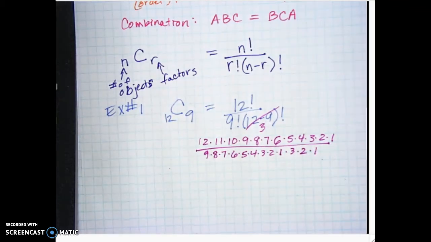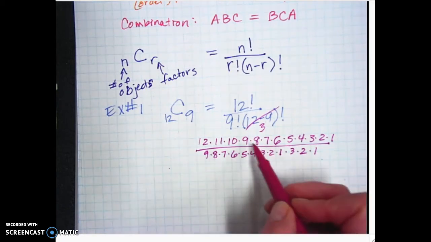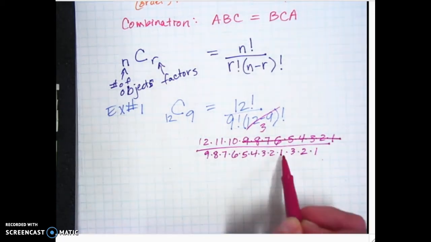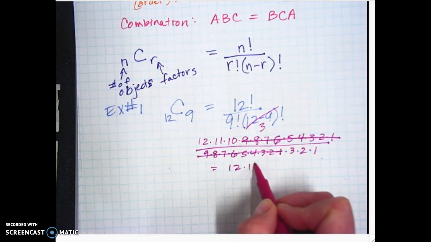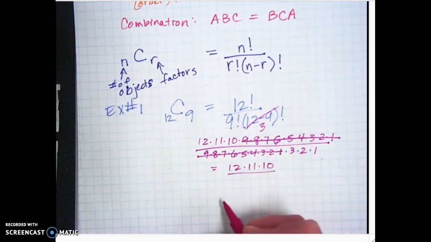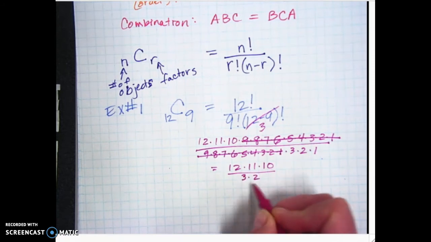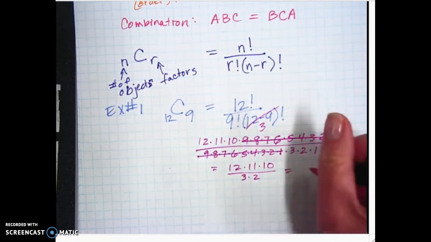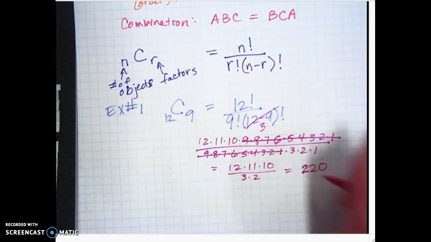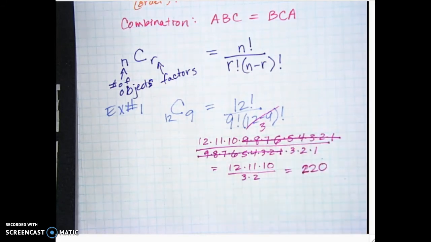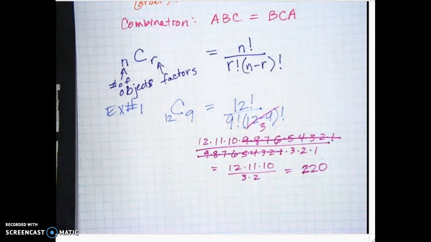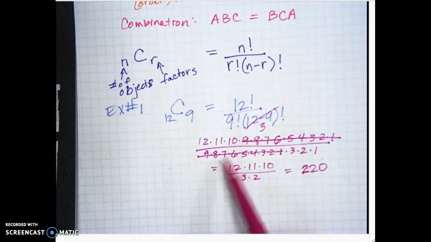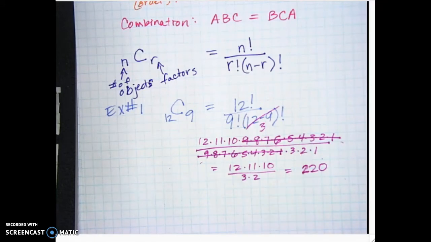Pretty much it simplifies to 12 times 11 times 10 in the numerator, and in the denominator, the 3 times the 2. I got 220. Where does the 3 times 2 come from? Because it was 9 factorial and then 12 minus 9 factorial. So I simplified the 9 through the 1, and that left me with the 3, 2, 1.